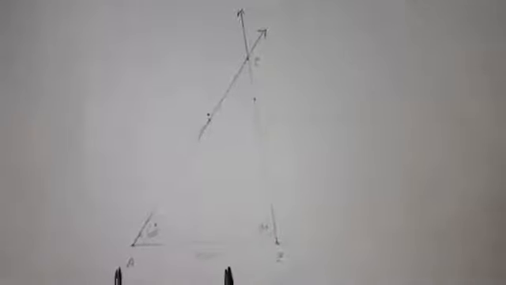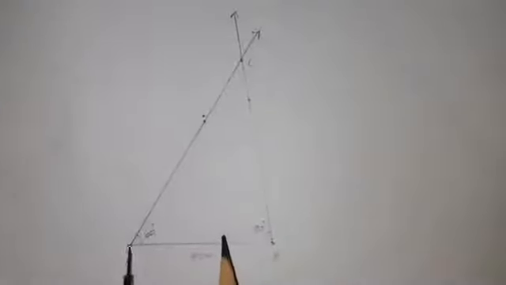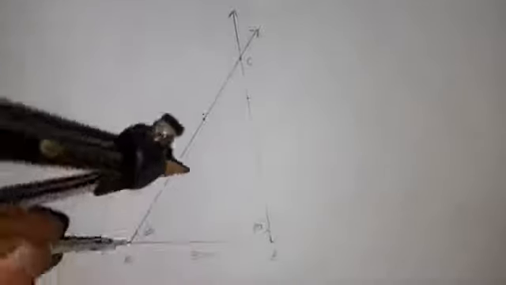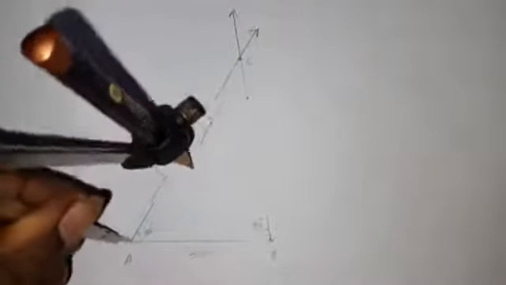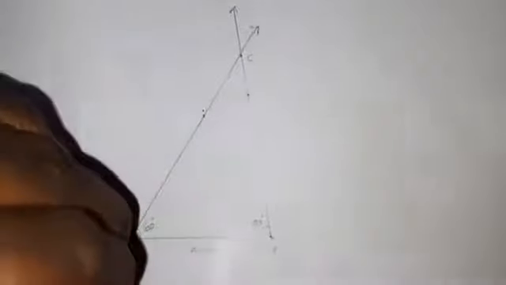Then we should draw the perpendicular bisector. The triangle has 3 sides. For 2 sides you draw the perpendicular bisector. First I am drawing it for the base. Base is this one, AB. Take a compass and take more than half of this line. Whatever it is, you can take more than half. Keep the compass needle at point A and draw the arc above the line and below the line.